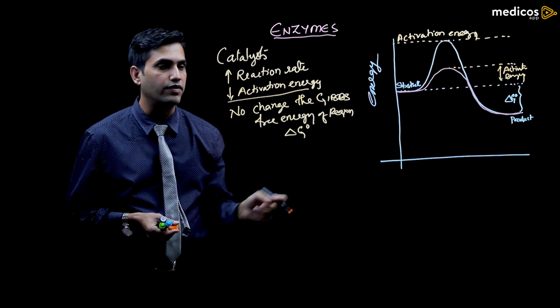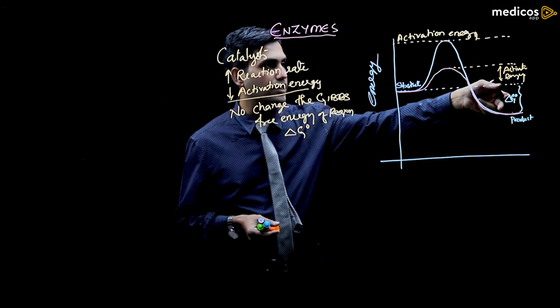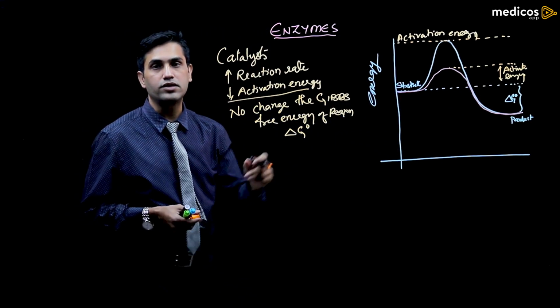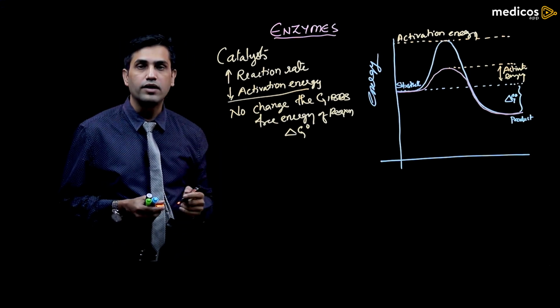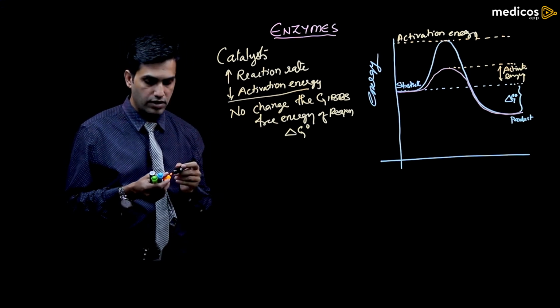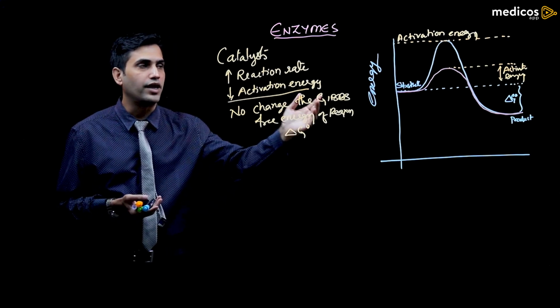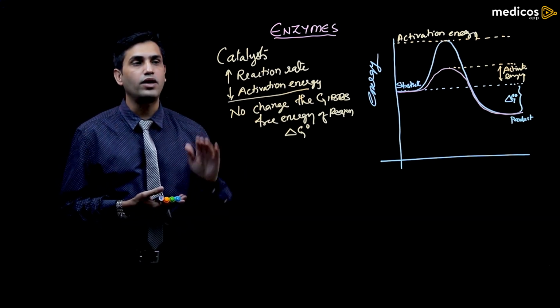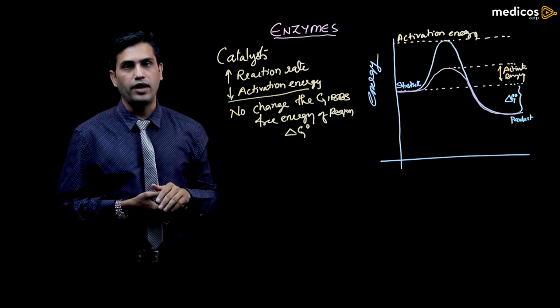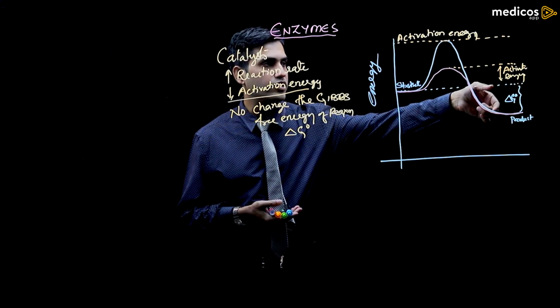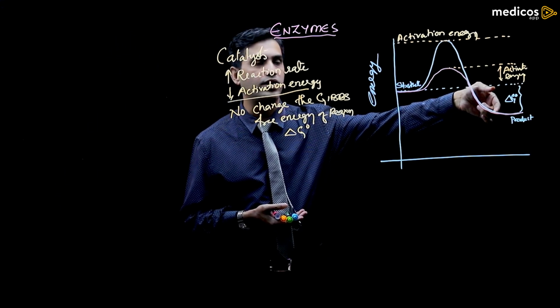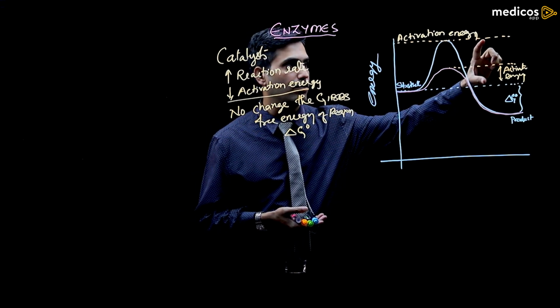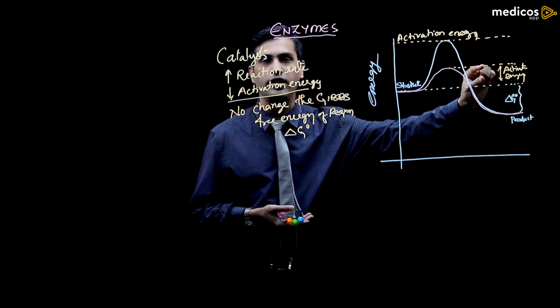They are decreasing the activation energy, but they are not changing the energy that is released during the reaction. That is, the free energy change that occurs during a reaction will not change by an enzyme. So, this one is not changed whether with enzyme or without enzyme, but this is without enzyme, and this is with enzyme.